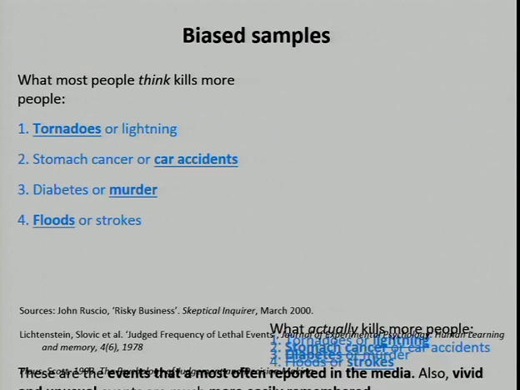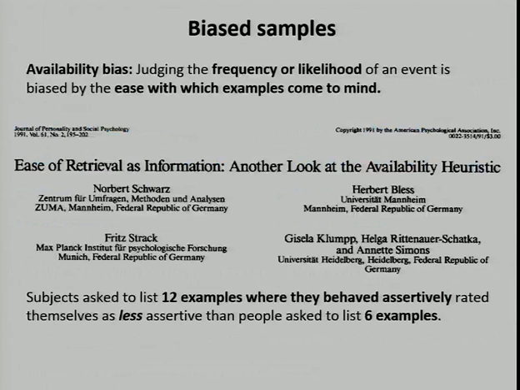I'll skip over this one, but here's one. This is a study investigating the availability bias where participants were in two groups. One group had to come up with 12 examples in which they behaved assertively.